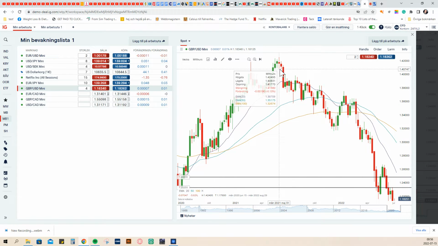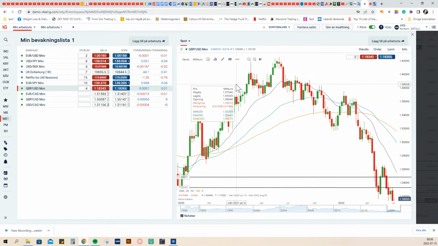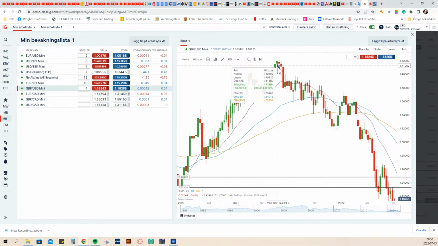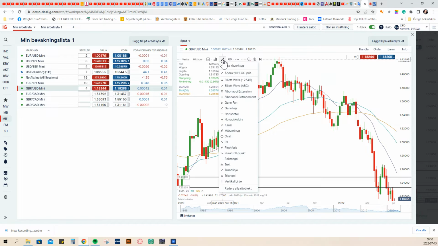So here we have the mother bar. The definition of a mother bar is when you can see an inside bar here that is totally inside the former bar. So I will show you easier.